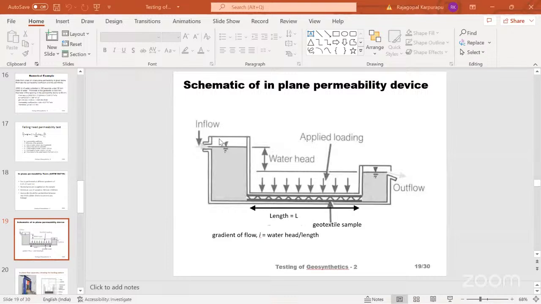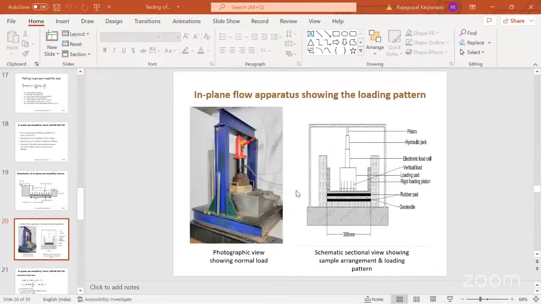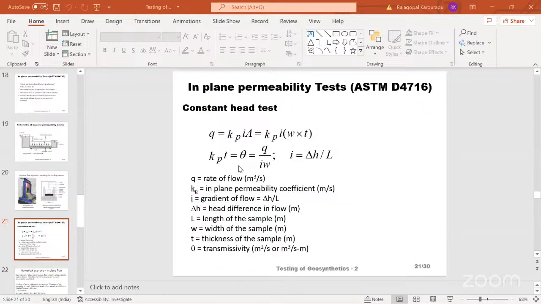Yes, sir, it's visible. Actually, this is the setup that we have for checking the drainage capacity of a geotextile. And we have the water flowing through the geotextile or geocomposite. In drainage applications, we want this to be as large as possible so that we can have the flow.